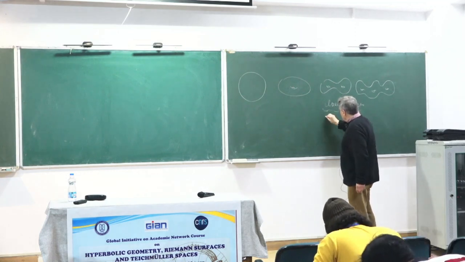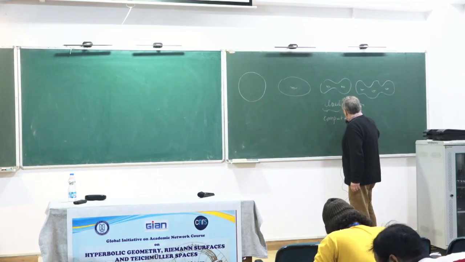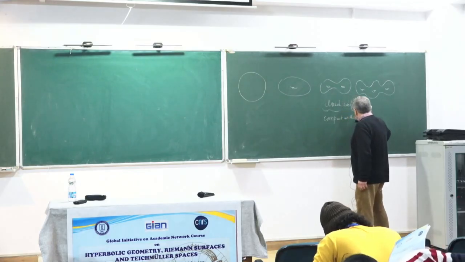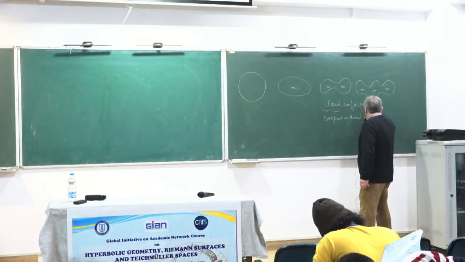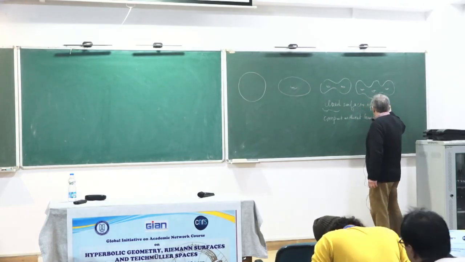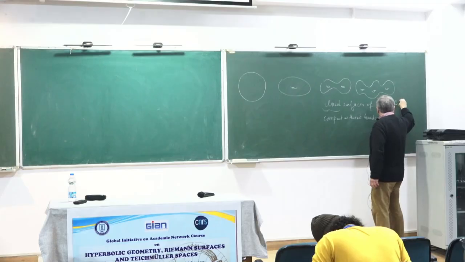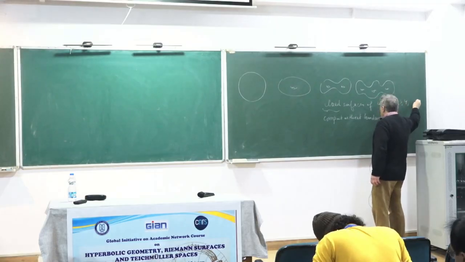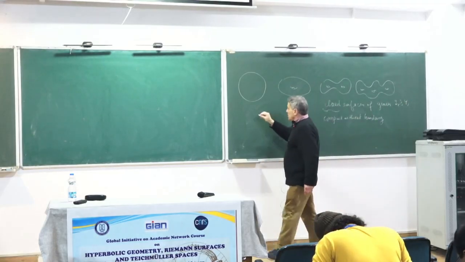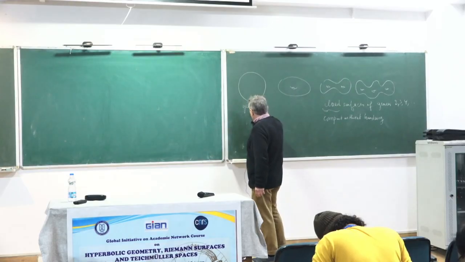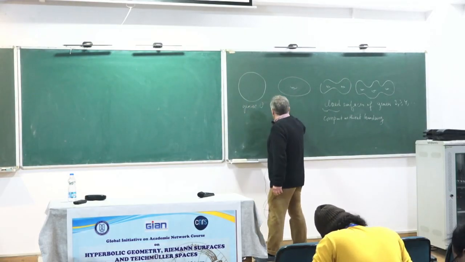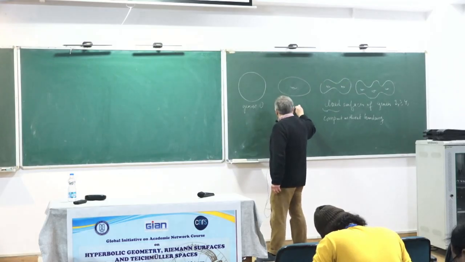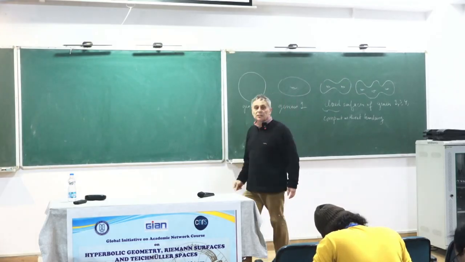Closed means compact, without boundary, of genus 2, 3, 4, and so on. This is a closed surface of genus 0. And this is a closed surface of genus 1.